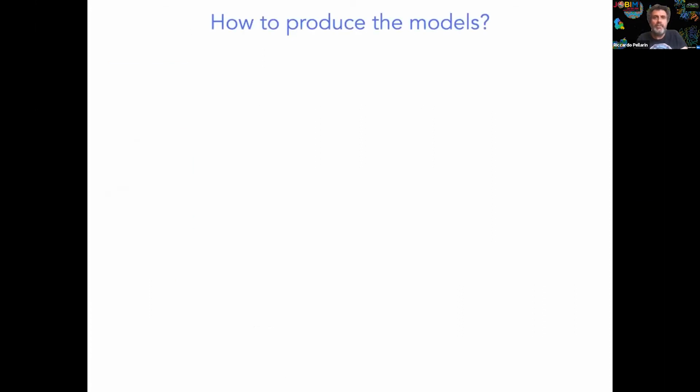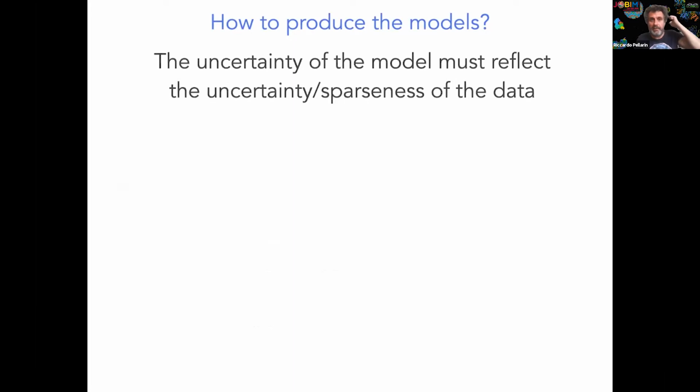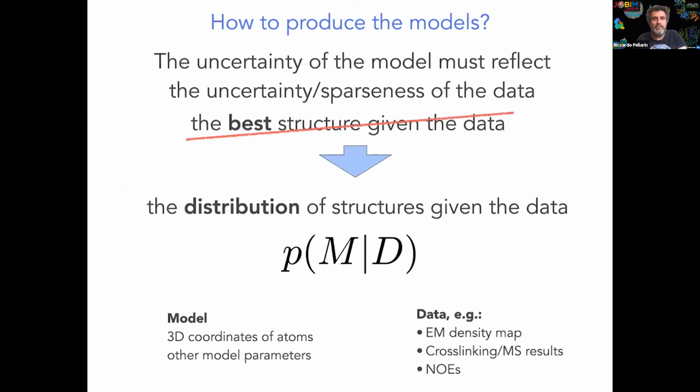So how do we produce these models with this uncertainty? As we said, the uncertainty is important. So the uncertainty of the model must reflect the uncertainty and the sparseness of the input data. So we won't have a best structure given the data, but we will get a distribution of structures given the data.